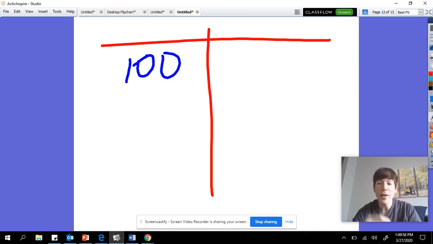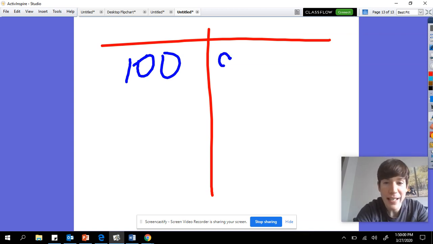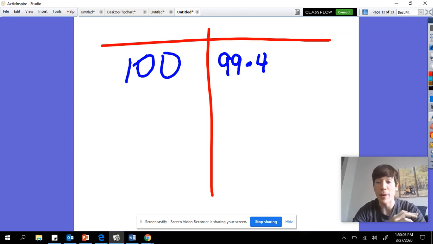Well, I know in order to get from day 1 to day 100, that is going to be 99 times that I am going to have to add 4, because each time we go up a day, we're adding 4.